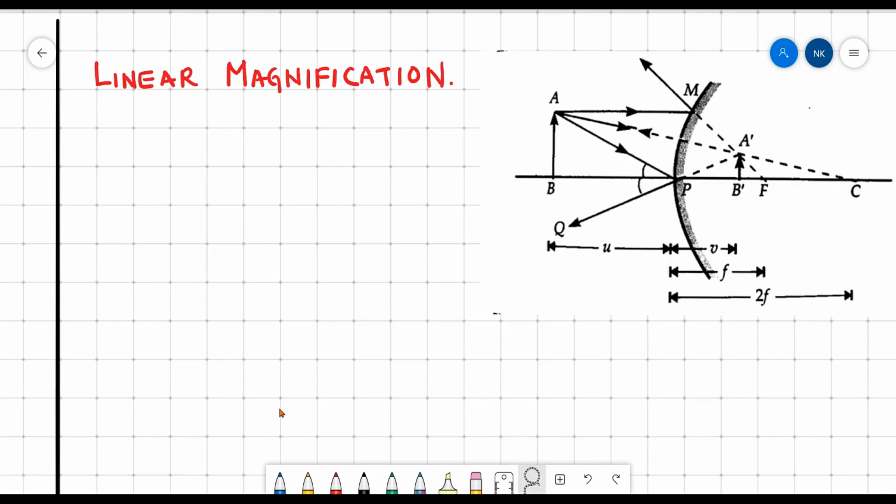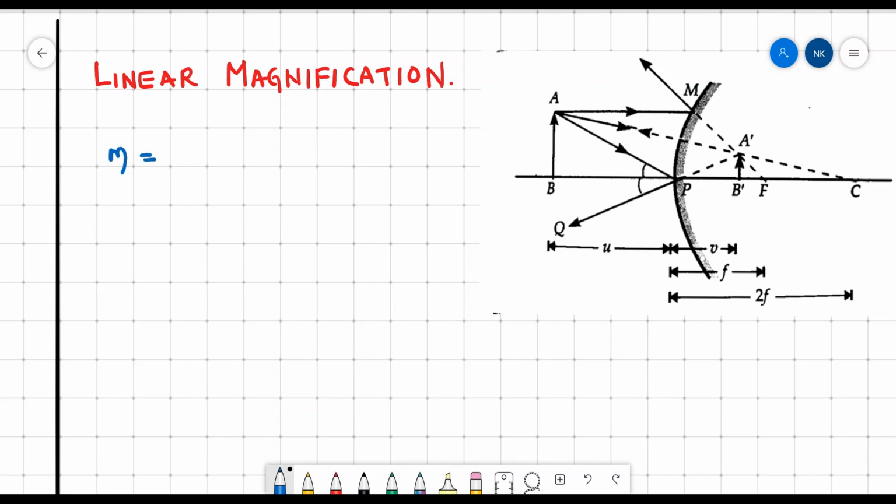Dear students, in this lecture we are going to discuss the linear magnification of a convex mirror. We just had a discussion on the mirror formula. Now we are going to linear magnification. So I'm going to have the same diagram for the mirror formula that we derived. Okay, so here you see, linear magnification is simply magnification of a spherical mirror.